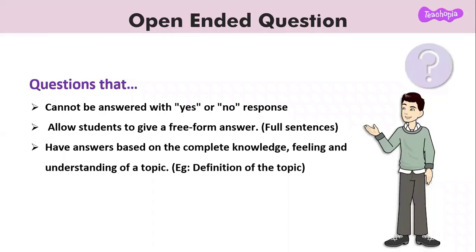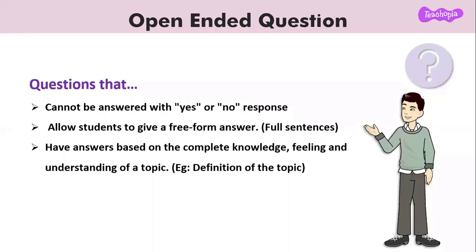And so when we ask open-ended questions to them, they cannot give us one word answers because they have to explain the answer to us in free form and full sentences. So that is exactly the purpose of open-ended questions.